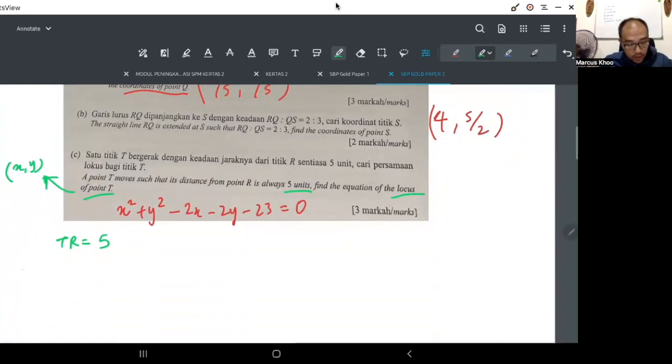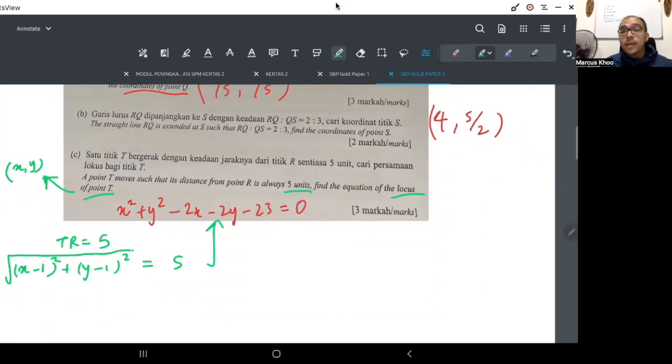So the square root of (X minus 1) squared plus (Y minus 1) squared equals 5. Then you can solve this until you get the equation.